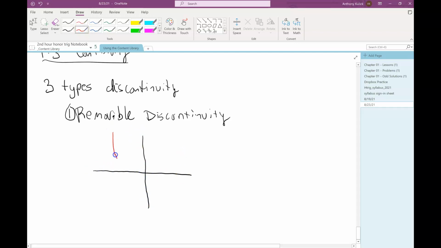So an example of what a removable discontinuity might look like is something like this. The open circle there is akin to when you drew x is greater than 2 on the number line. You put that open circle at 2 and then drew your arrow to the right to indicate that 2 wasn't included.